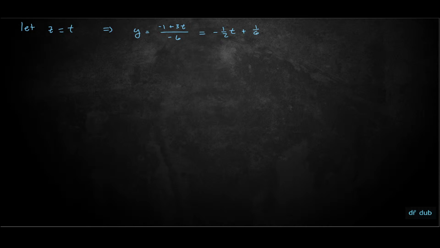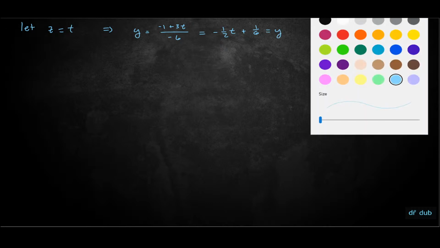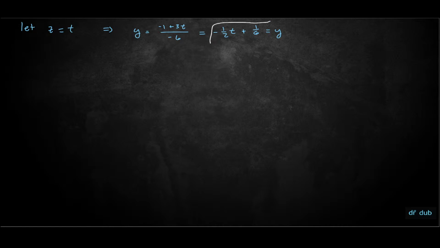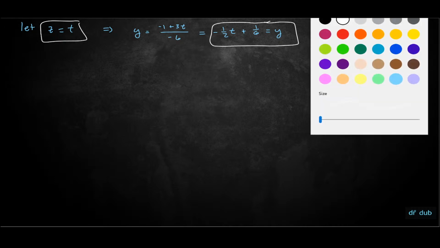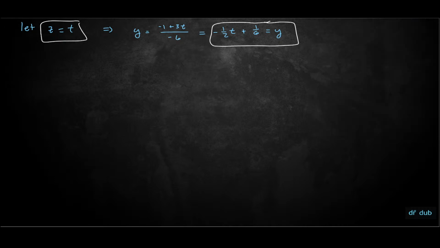And then sub both of these into the first equation to get x in terms of t as well. But so far, these are two of my parametric equations.